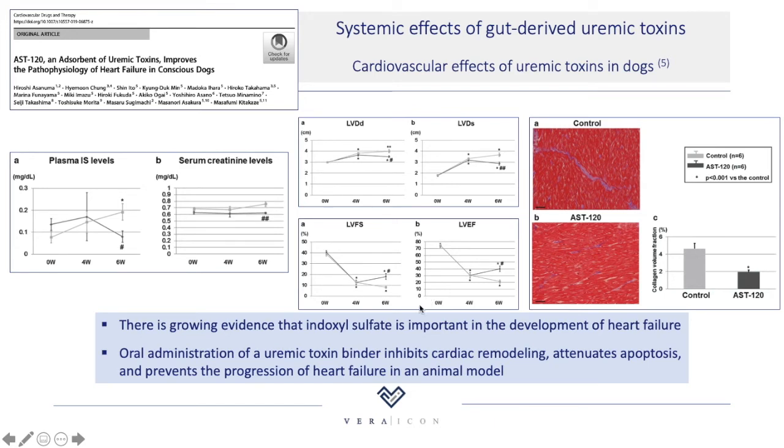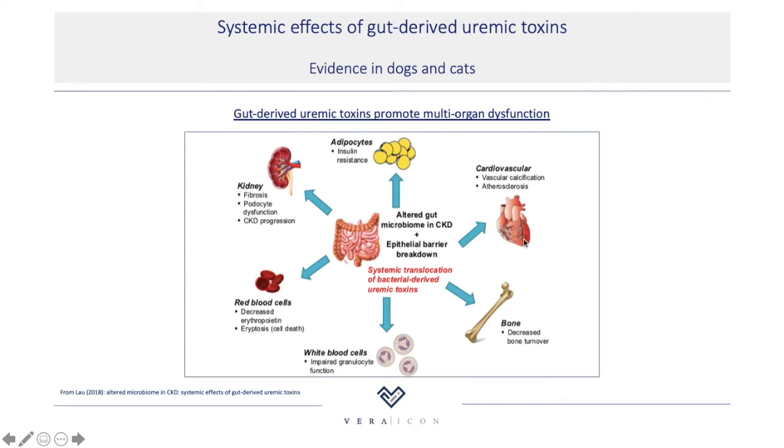And this is clear evidence that indoxyl sulfate, in veterinary medicine as in human medicine, is related to the function of the heart and has a deleterious effect on that function.